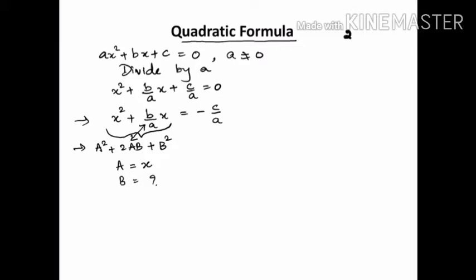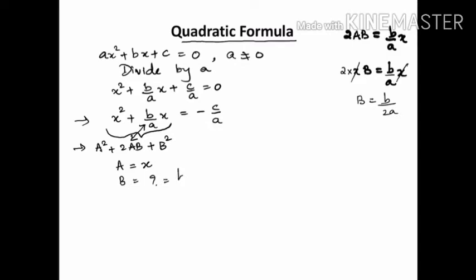So in the rough column, 2AB is equal to b upon a x, but capital A is x, so I am going to replace capital A by x and B needs to be found. So capital B is equal to b upon 2a.